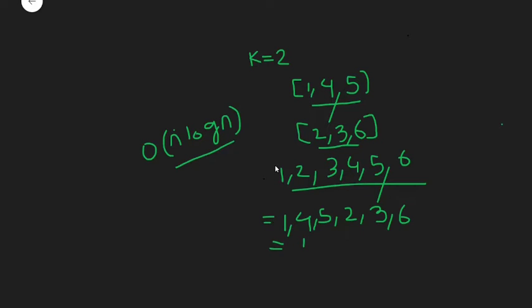So let's see the optimal solution now. In the optimal solution, let's say our value of k is 3, and there are elements like 1, 2, 4 and 6.